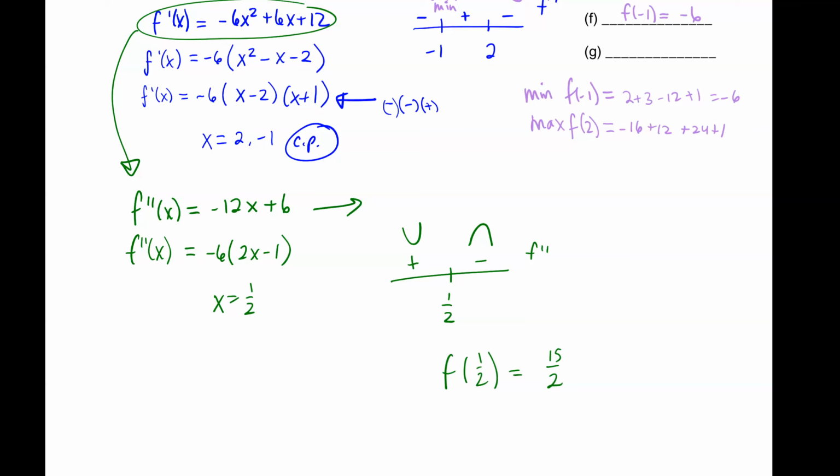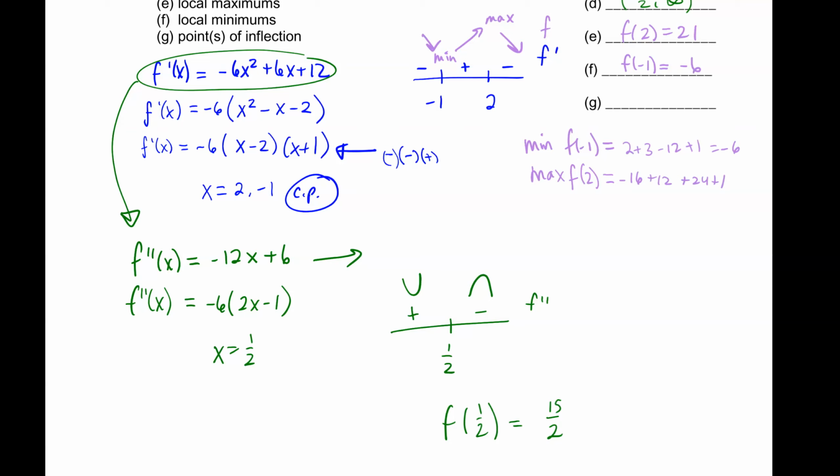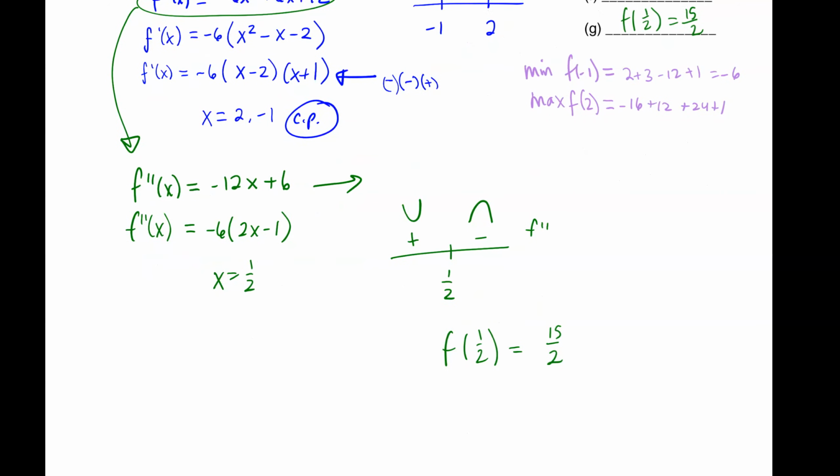Same with a critical point: the first derivative is 0 and it switches from up to down. We're trying to find the x comma y coordinate, the point of inflection on our original graph.